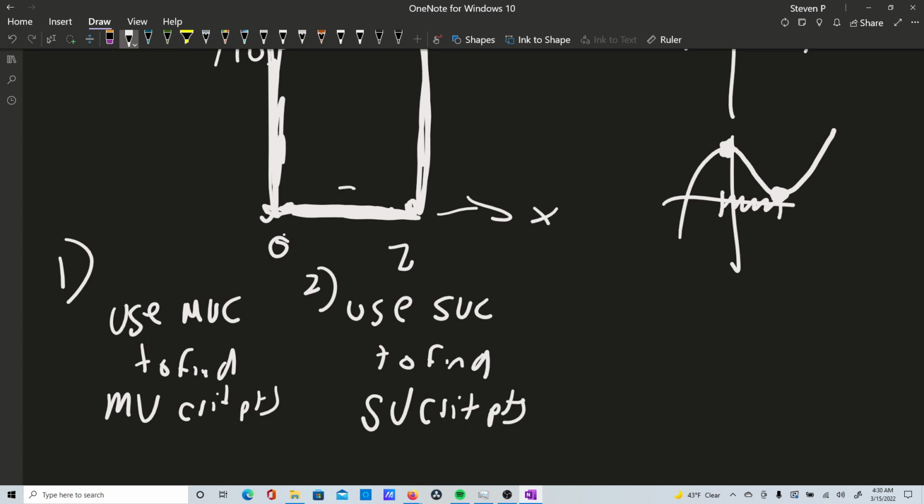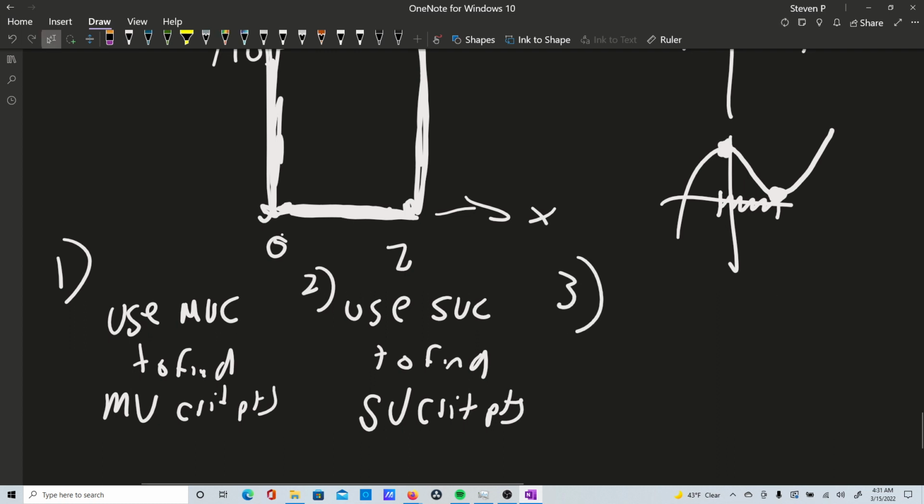Because the idea is, if all you know about the function is that it's going along this one line, restricted to this one single dimensional domain, then you can actually find the critical points using single variable calculus, because it's a single dimensional space. This might be a little bit uncomfortable, but bear with me. But then at the very end, just test all the vertices too.